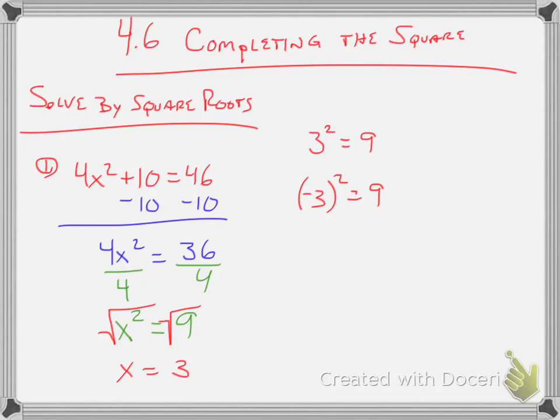So anytime you're squaring something in a problem, in the next step after you take the square root, you're always going to have to put a plus or minus. And the way we write it is like this, plus or minus 3.